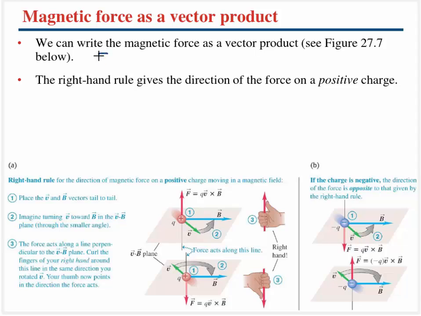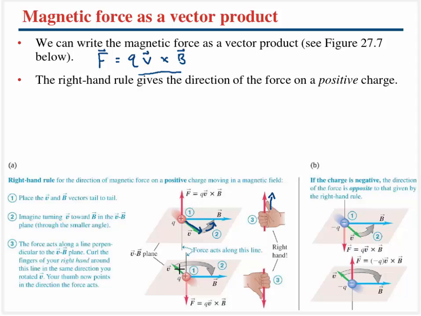On the last slide, that was the magnitude of the force. We can also express the force as a vector product, the charge multiplied by the velocity crossed with the magnetic field. Whenever we're multiplying vectors using a cross product, we use the right-hand rule, where we take our first vector, the v vector, and sweep our right hand into the second vector, and the direction your thumb points is the direction of the force.